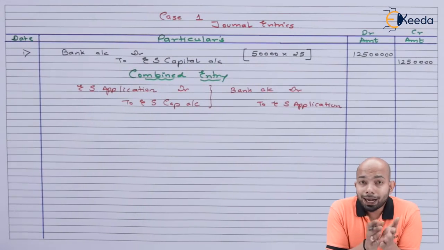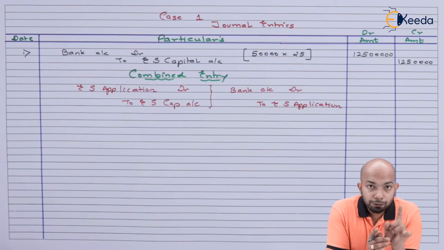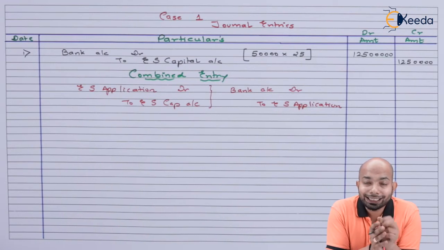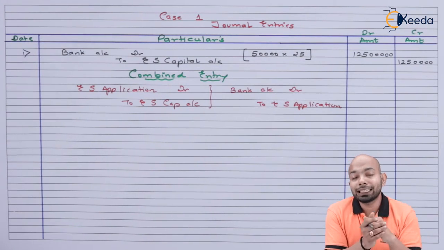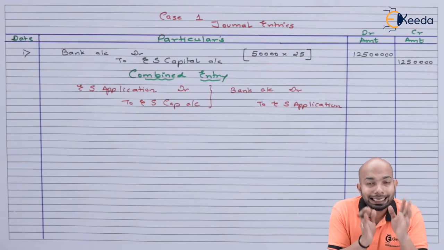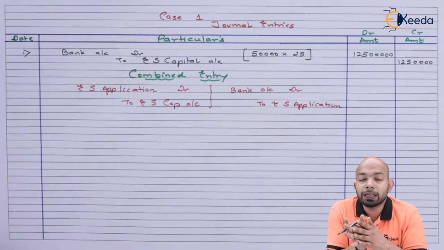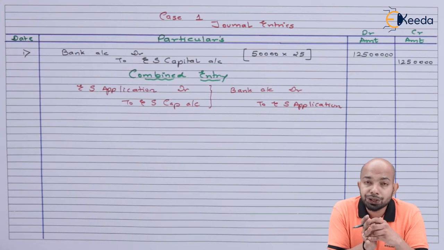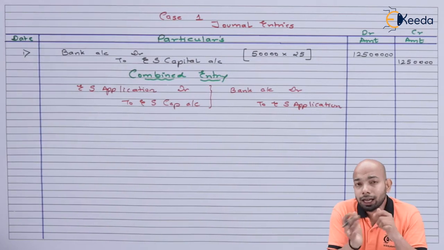If you can see, we have passed 2 journal entries here. The first one refers to the due entry and the second one refers to the receipt entry. The combined entry that we passed up there, that means bank account to equity share capital, is specifically related to the application amount being directly credited to the equity share capital. How this has been done, I'll show you that.